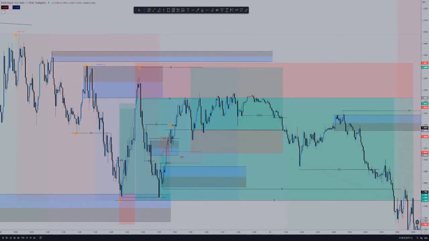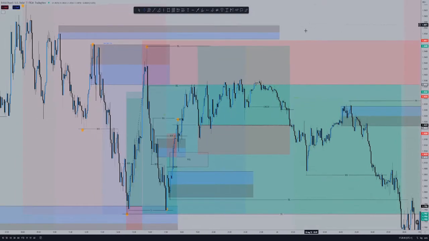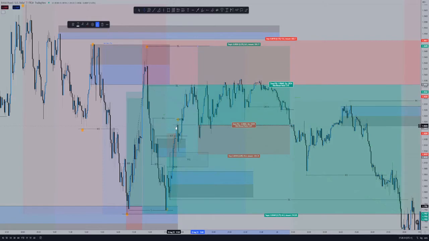I forgot to mention that after this hit stop loss, I thought we could potentially take this buy side liquidity coming into today, and so I took this buy here, from this level here, this order block created from this breaker structure.